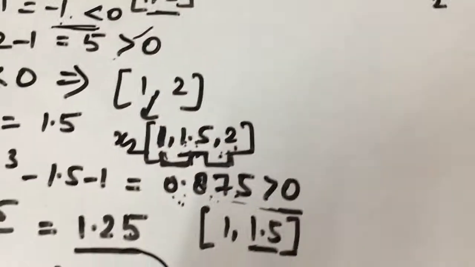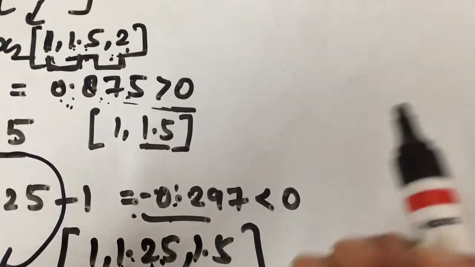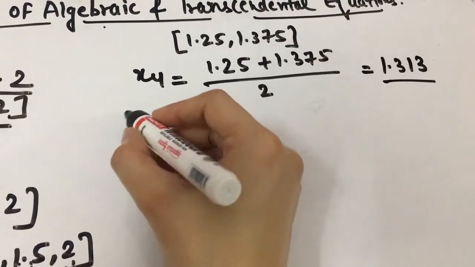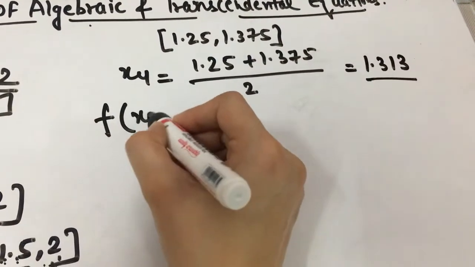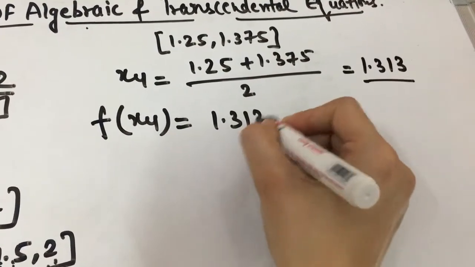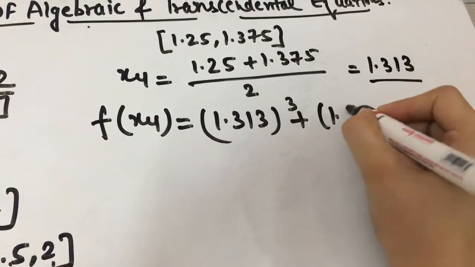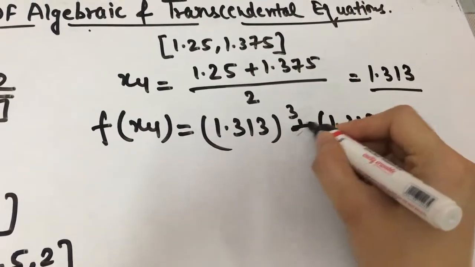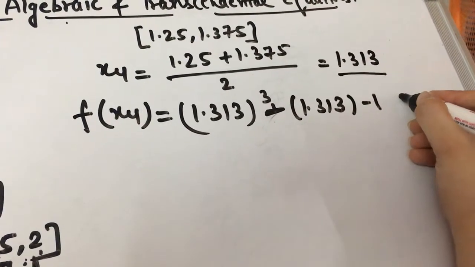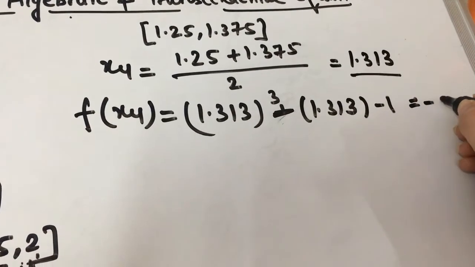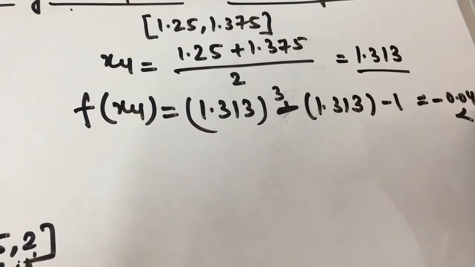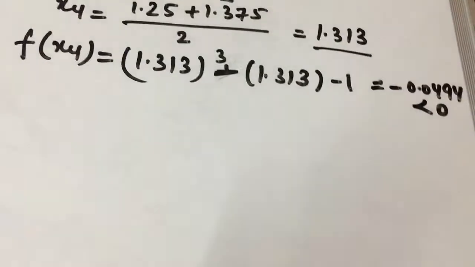See, this root and 1.375 are somehow equal but not completely, even after doing round off. So I need to calculate two to three steps more. Now I need to calculate the value of f4. Its value will be 1.313 cube minus 1.313 minus 1. Hence its value will be minus 0.0494, which is less than 0, as you can see.